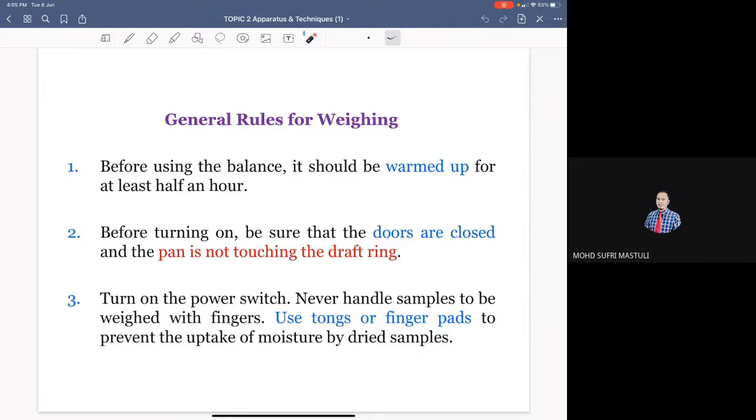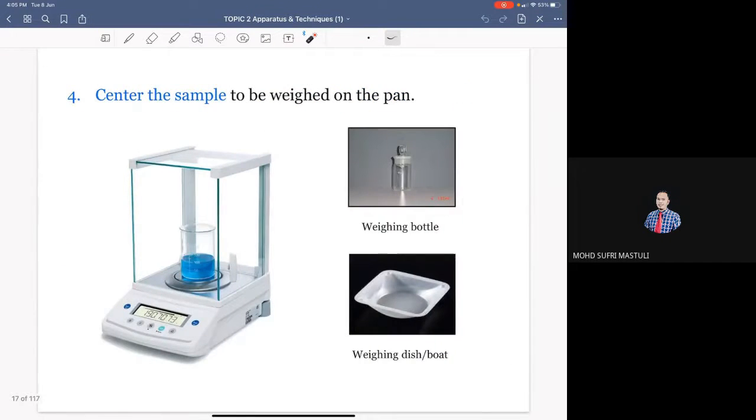Never handle whatever samples to be weighed with fingers. You can use tongs or finger pads to prevent the uptake of moisture by the dried sample. Center the sample that we want to weigh on the pan like this.